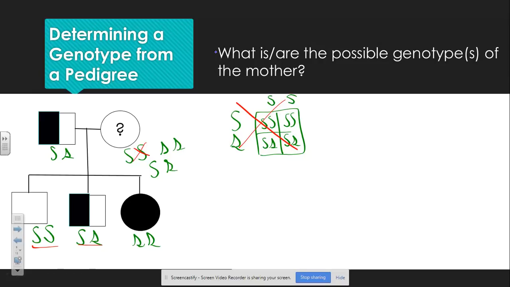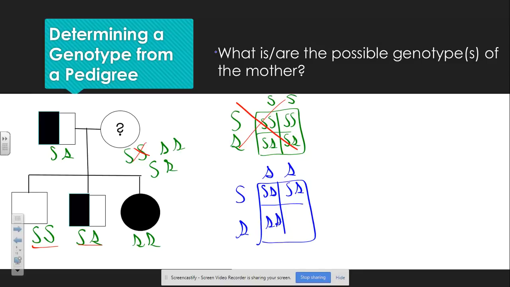Now if we do a cross where mom has sickle cell disease, again, we only have two possible genotypes. This one would explain our child with sickle cell disease, and it would explain our heterozygous child, but it does not explain our homozygous dominant, so that is not a possible genotype for mom, which leaves us with the heterozygous, but I'll go ahead and do the cross.